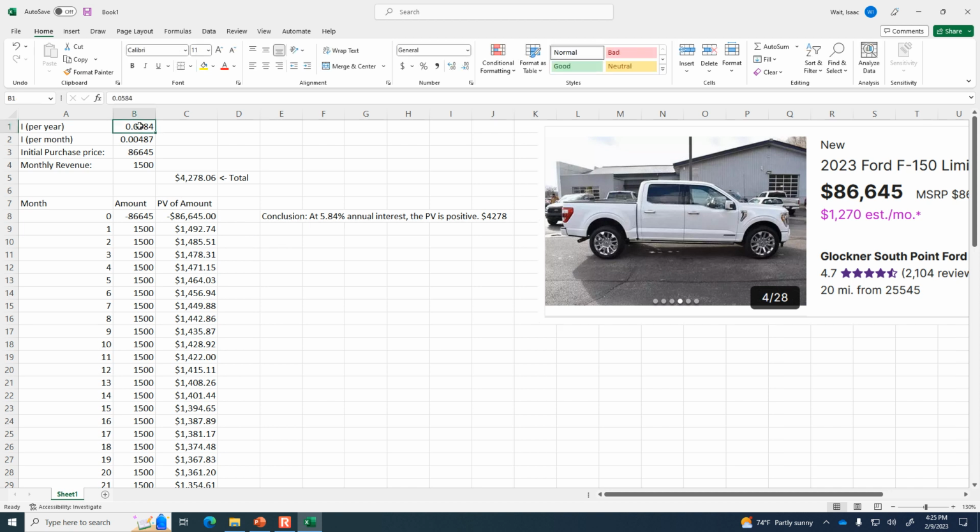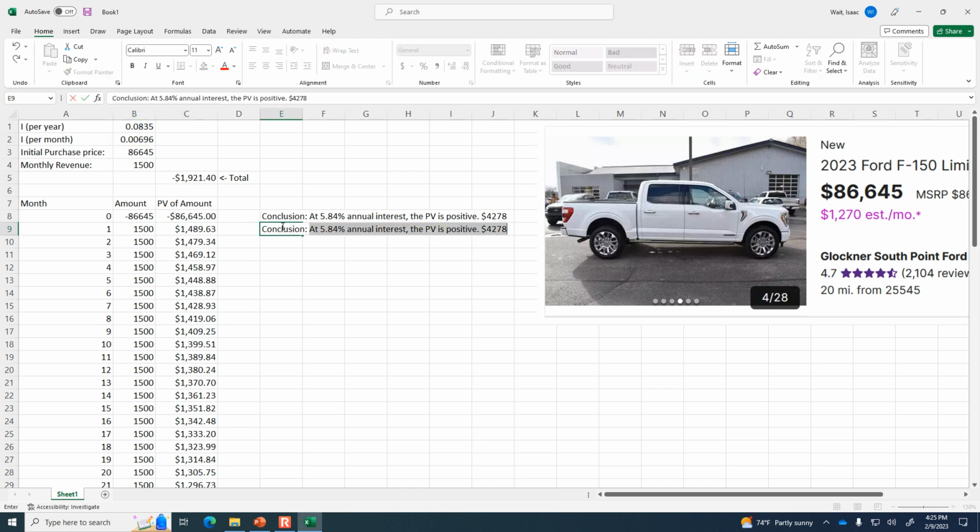Okay, so now at 0.0835, it's negative. So conclusion, at 8.35% annual interest, the PV is negative. Negative 1921.